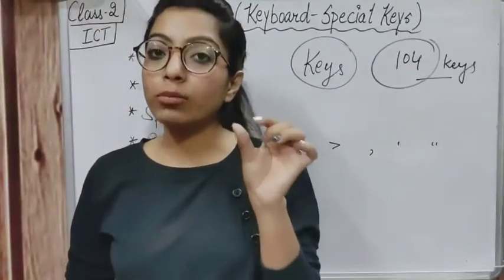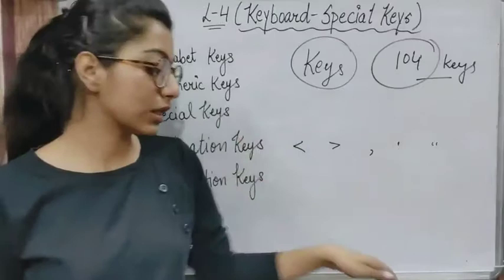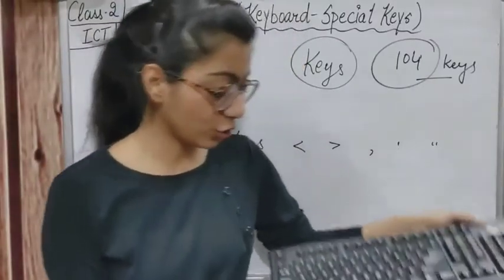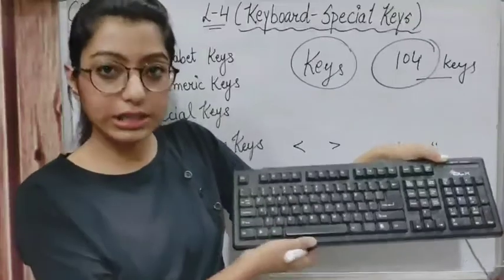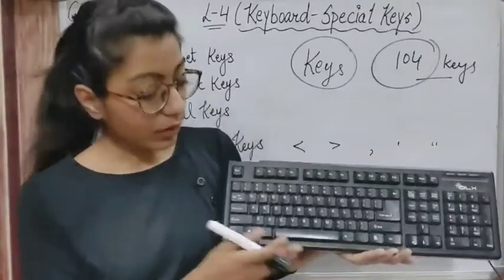CTRL means the control key, which is there in the keyboard. I can show you. This is the control key, and here the second control key is there in the keyboard.